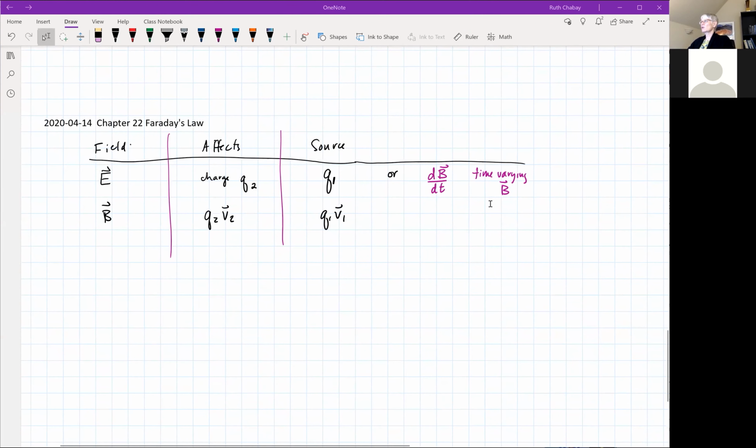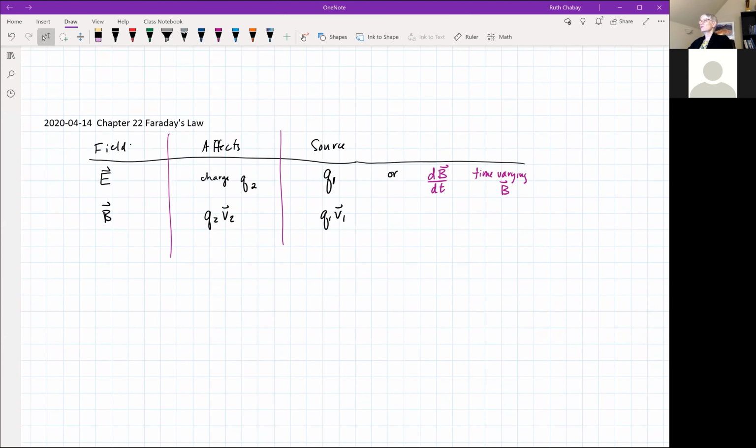Okay, so what we saw was when the magnet was moving inside the coil, we saw a current, and if you moved the magnet faster in the coil, we saw a bigger current.